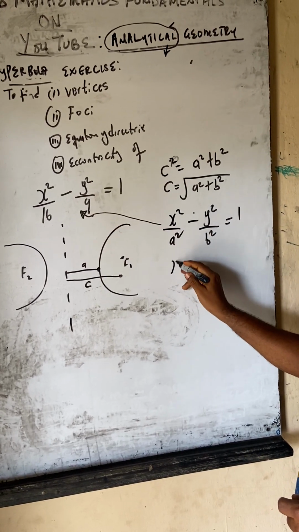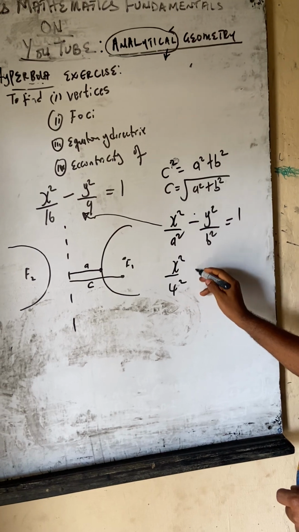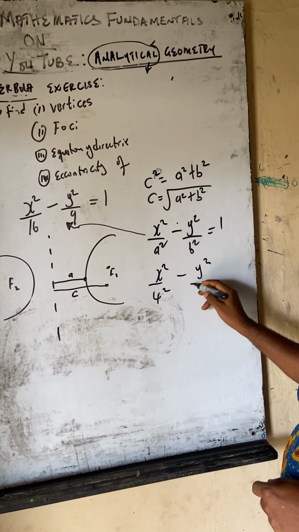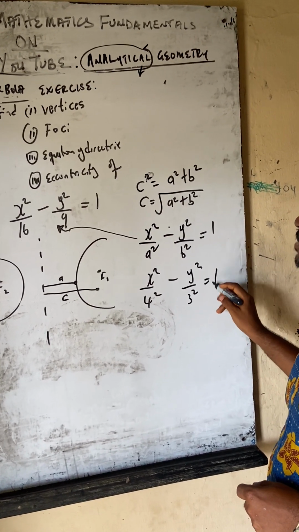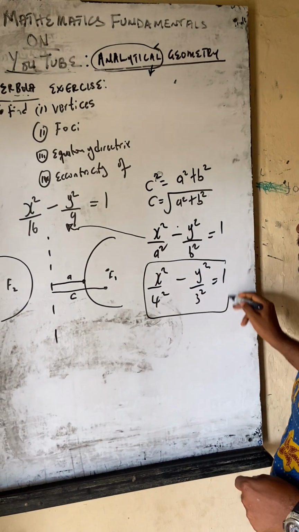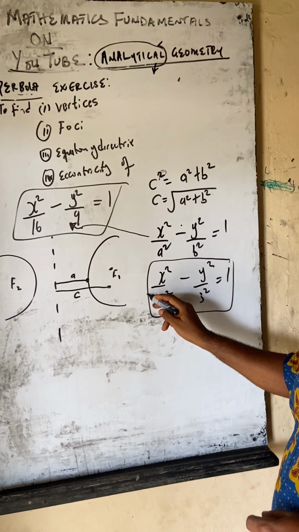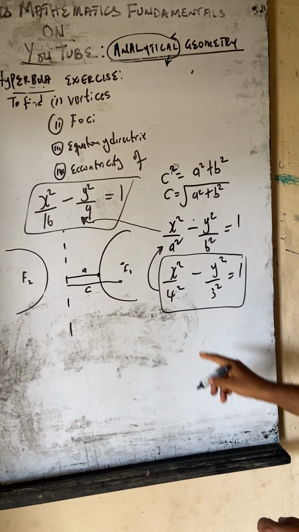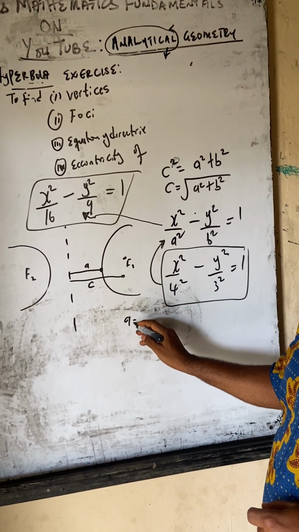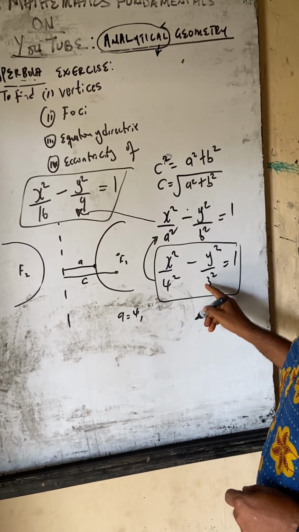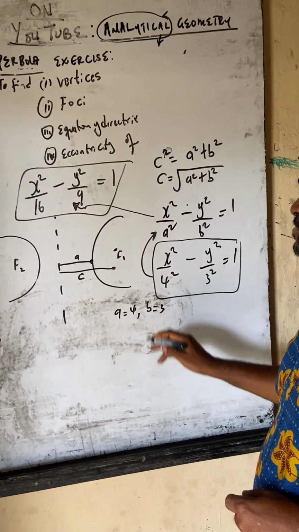Those numbers give x squared over 4 squared minus y squared over 3 squared is equal to 1. So what I have here is exactly the same as this general equation, and we can see that our a is 4 and the b is 3.